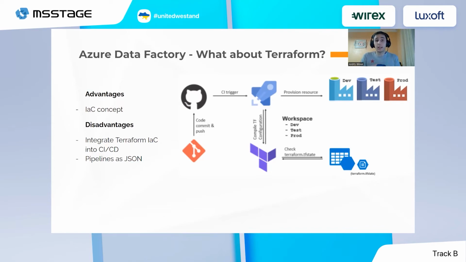So you have to make changes in the Azure DataFactory UI, commit this into the main branch, and from the main branch, get these JSONs and put them into the Terraform code. So there are challenges to do that. That's why Terraform is not widely used in Azure DataFactory to cover the whole infrastructure as code concept. So it's a bit difficult to implement this approach.